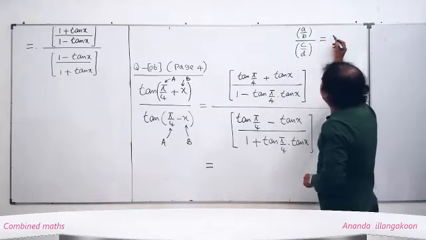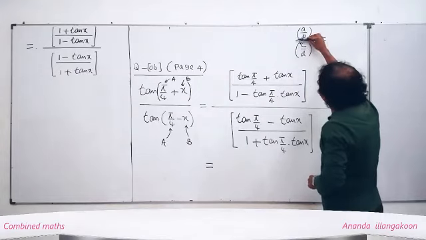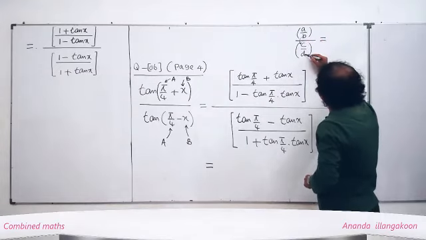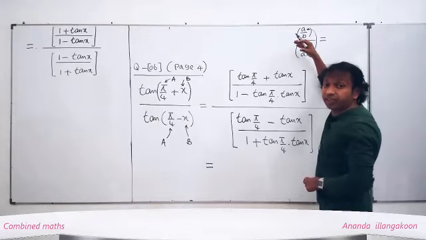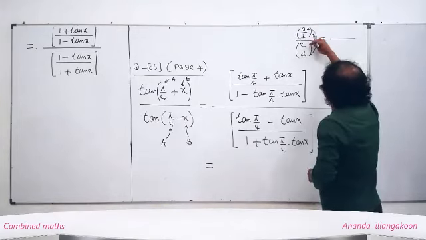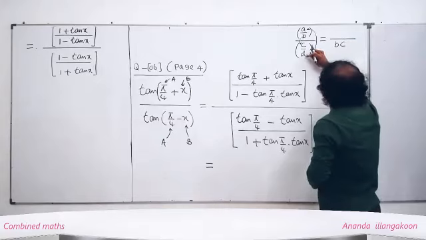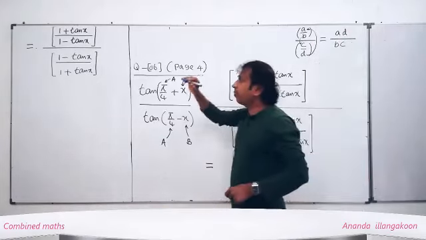Yeah. The closer ones we multiply, and that product we write below the line. The further ones we multiply, and that product we write above the line. Then this is nothing but BC coming below the line, and AD coming above the line like this. We'll apply that one here.